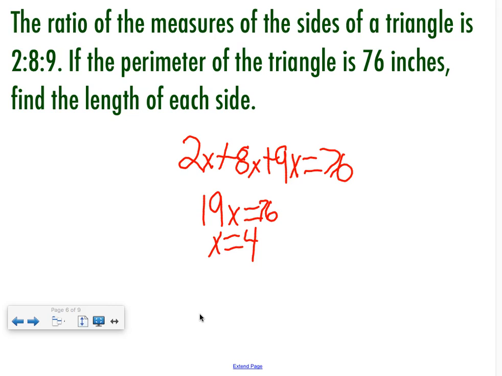Yeah. Perfect. 8, 32, and 36, good answers. Perfect. Thanks, Braden. Good work.